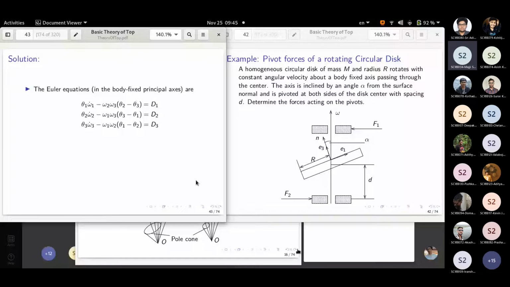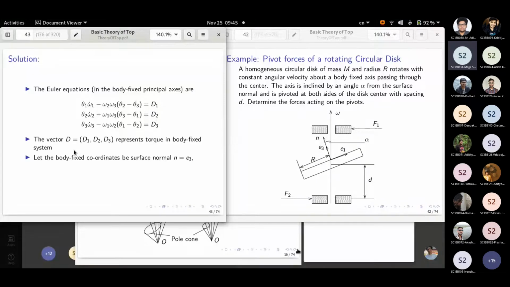And then the angular velocity is omega. So the equations are expressed like this as shown on the left hand side. So we have to find out the torques D1, D2 and D3, because once you know the torque, you can compute the force. So this is your torque.